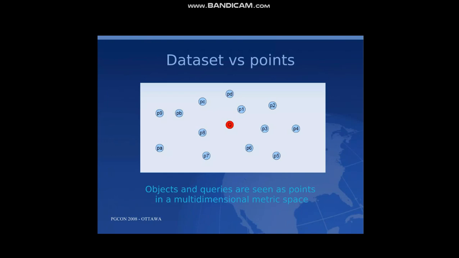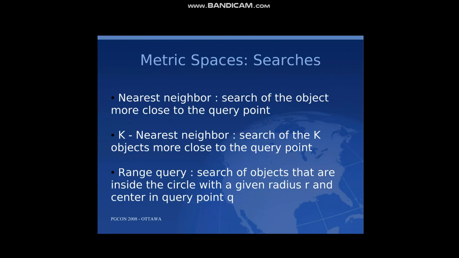Dataset versus points: objects and queries are seen as points in a multi-dimensional metric space. Metric space searches: nearest neighbor search of the object closest to the query point. K nearest neighbor search of the k objects closest to the query point. Range query: search of objects that are inside the circle with a given radius r and center in query point q.